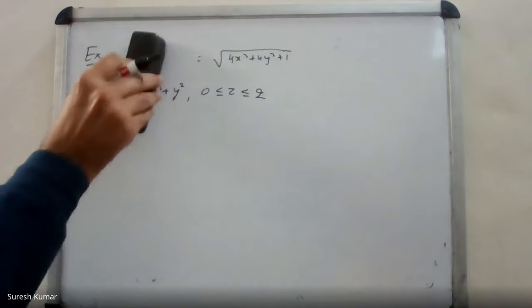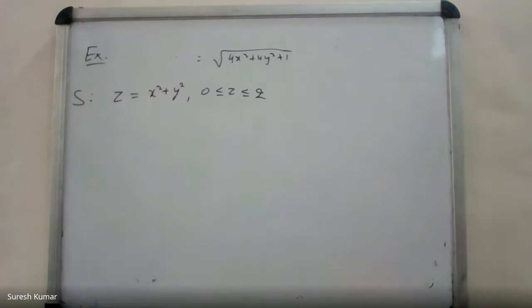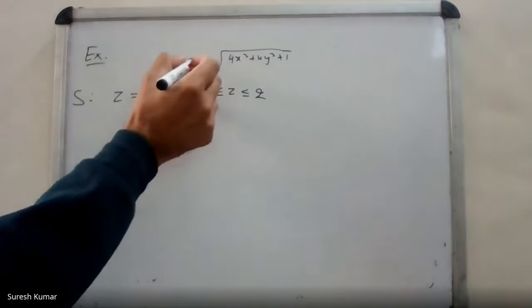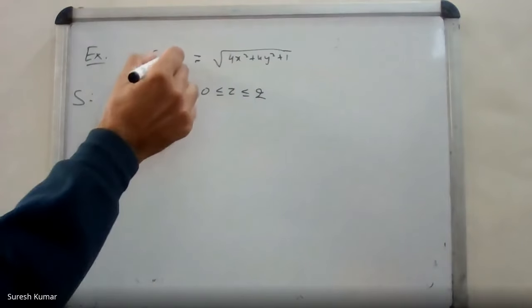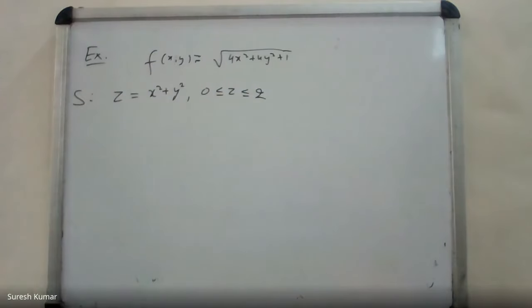Instead, let's denote it by z, or by f(x,y), because you have x and y here. Okay. So how to find the surface integral of this function, or the scalar field, over the given surface of the paraboloid? Write your formula first.